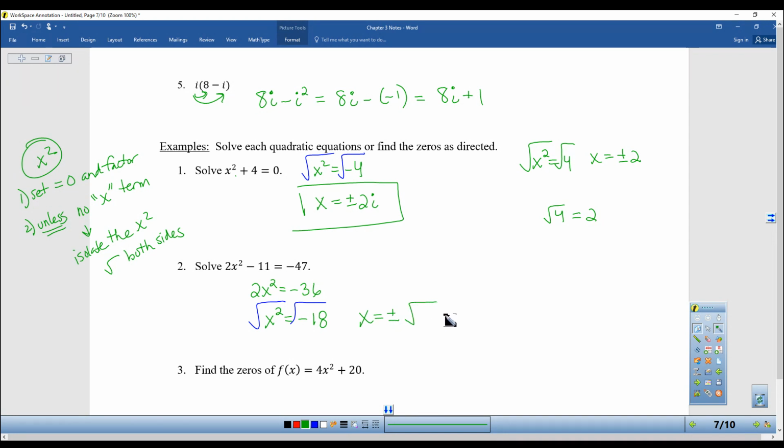I break my 18 into parts I can do. The negative is always with the can do. I quick think of my list. 1, 4, 9, 16. I'm already at 16. 16 is not going to be a factor of 18. So it's either 4 or 9, which of course it's 9. And so it's plus or minus 3i square roots of 2.